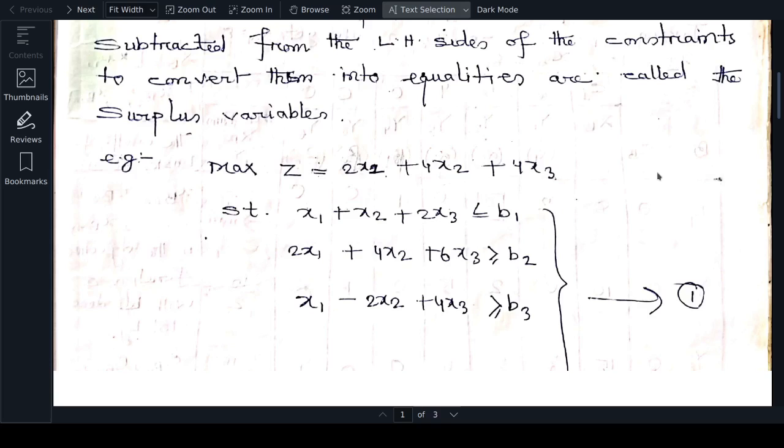Then the constraints: x1 plus x2 plus twice x3 less than or equal to b1. The next constraint is twice x1 plus 4x2 plus 6x3 greater than or equal to b2. And the next constraint is x1 minus twice x2 plus 4x3 greater than or equal to b3. All of you have found this example, Anuj?